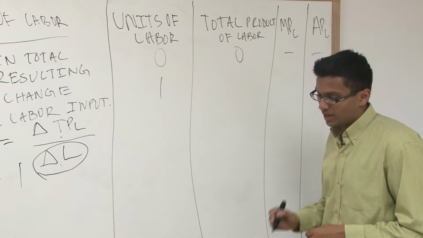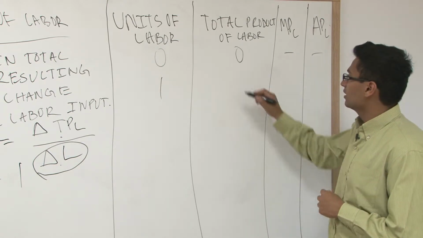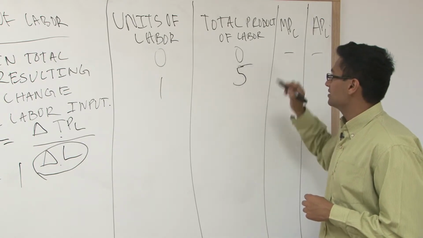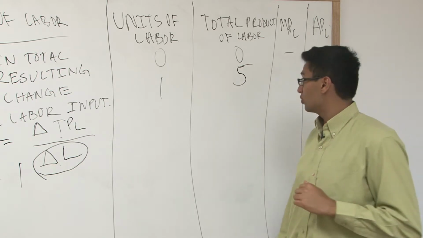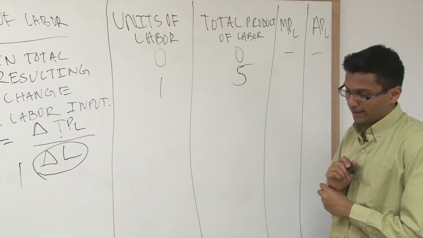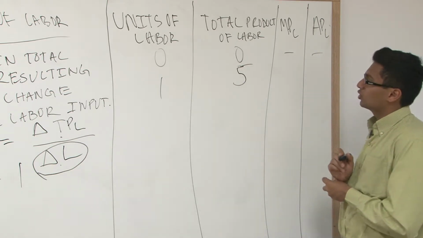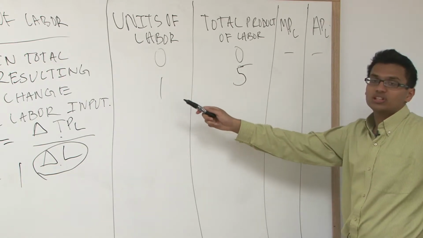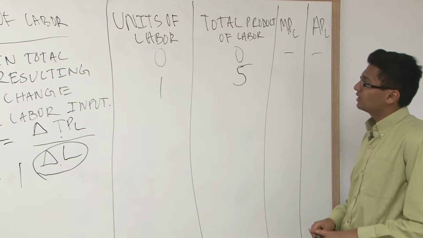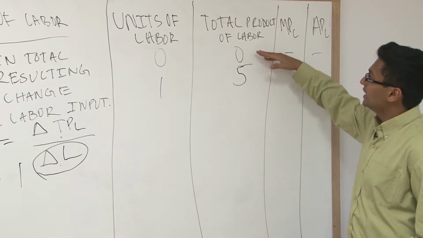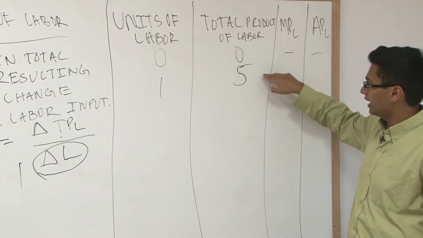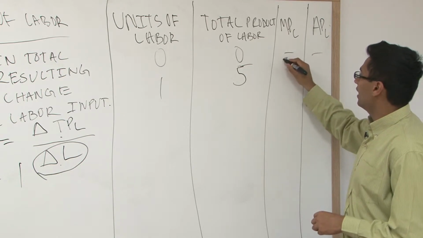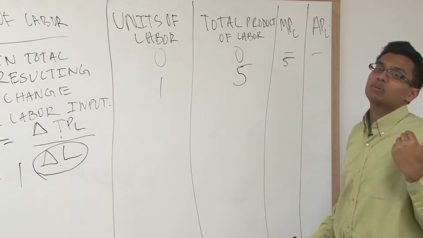For 1 unit of labor, say we're producing 5 boxes of pizza, which is more realistic. MPL is your change in TPL over the change in labor. What is the change in TPL? My TPL went from 0 to 5. And my labor changed by 1.